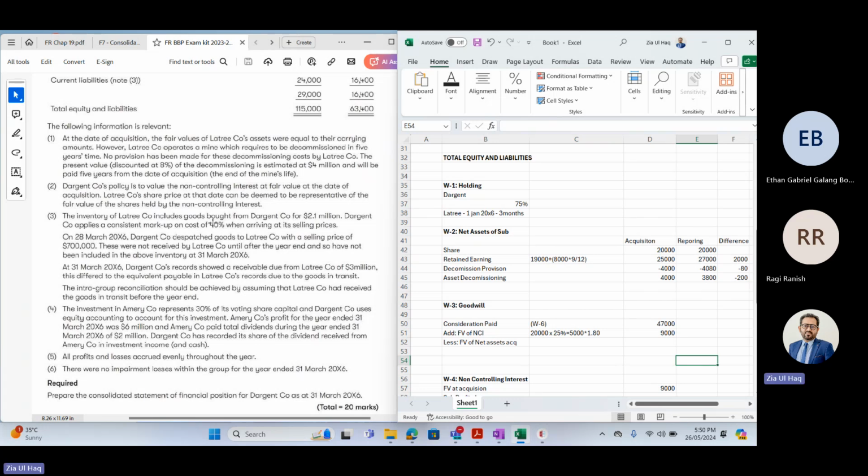Dargent company applies a consistent markup on cost of 40% when arriving at its selling price. This means in the 2.1 million, there is a profit part included. And if the markup is 40%, we can find the profit: this 2.1 million multiplied by 40 by 140.